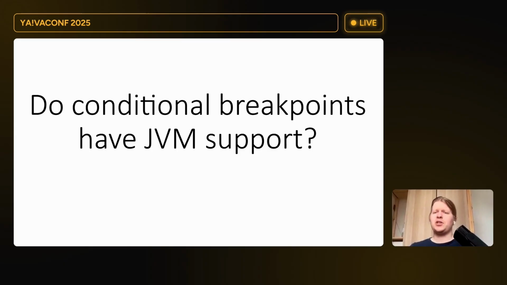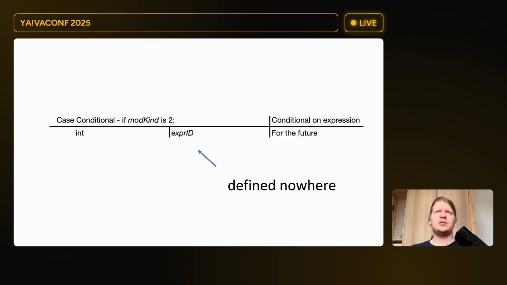The problem is the JVM doesn't really support conditional breakpoints, and with doesn't really support, I mean, it could have supported it, because when you look closely at the JDWP specification, you see there is a modifier for breakpoints called conditional, and it has an expression ID, but the expression ID is defined no more. It's defined as for the future.